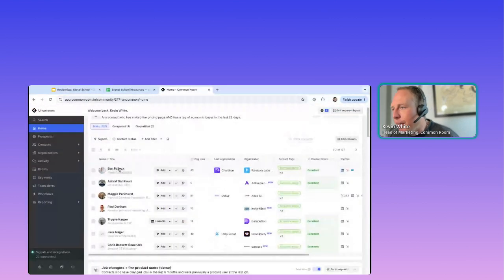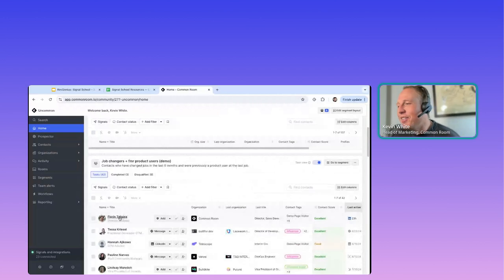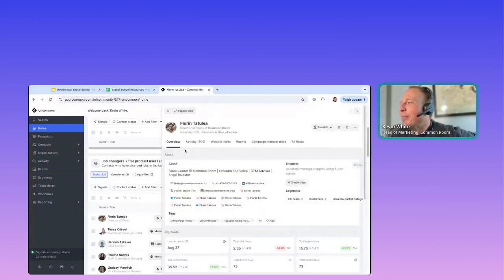Let me see if I can find it here. I'll use Florin because he's on our team. If I click on Florin, you can see that it's not just one signal that we're capturing on Florin, it's all of the different entities that we have identified him on. In Salesforce, he has multiple emails; in HubSpot, we have him; we have him on LinkedIn and all these different channels where signal exists.